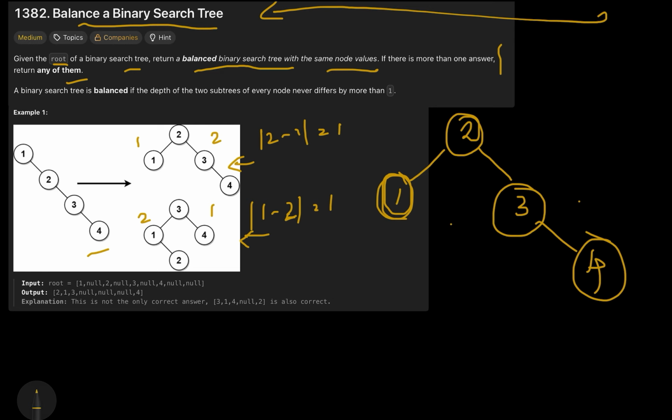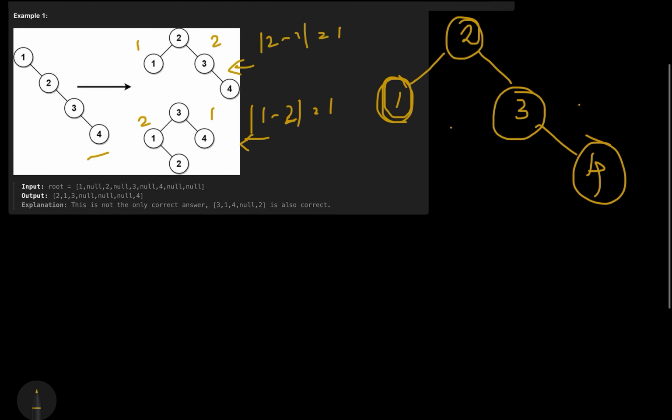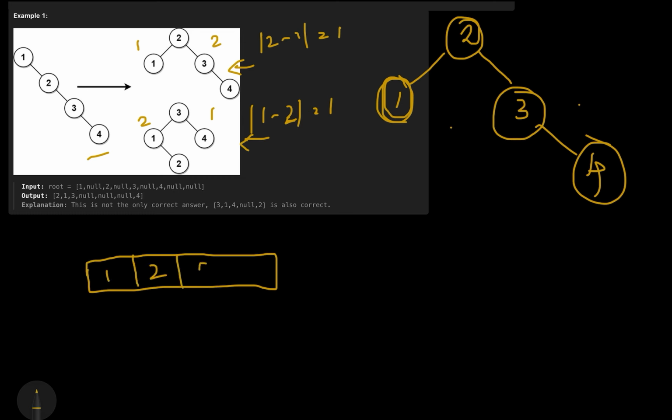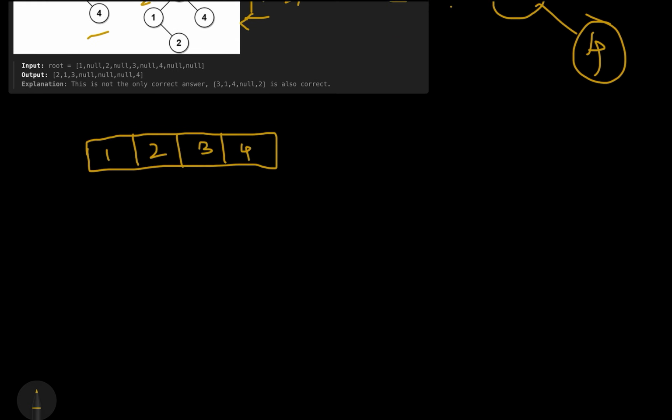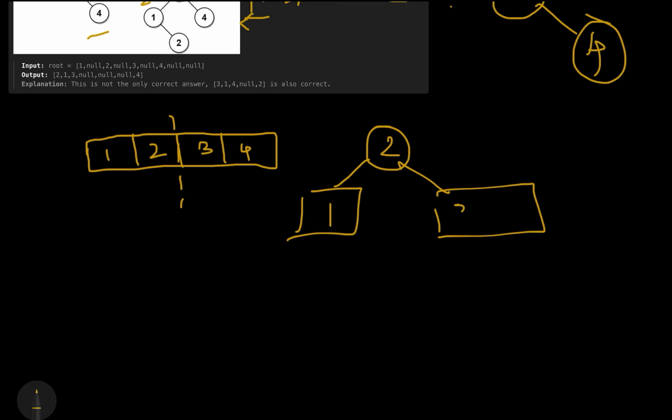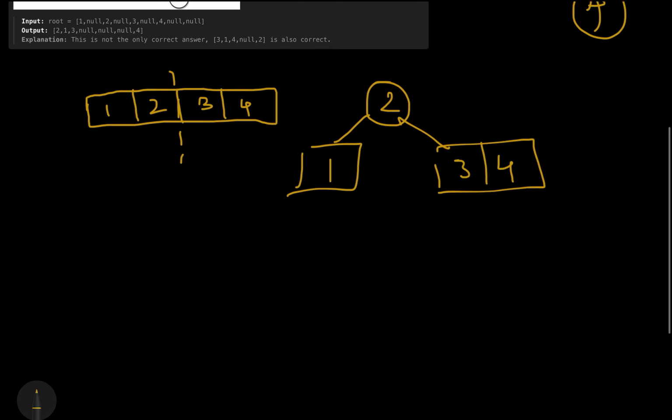Okay, so how we can approach this question is, whatever binary tree we have been given, we can sort that binary tree. Okay, if we sort it, what we do is split it from the middle, and then store these values in the left and right tree.